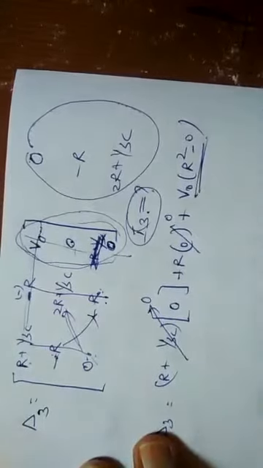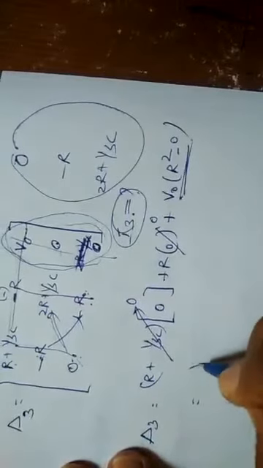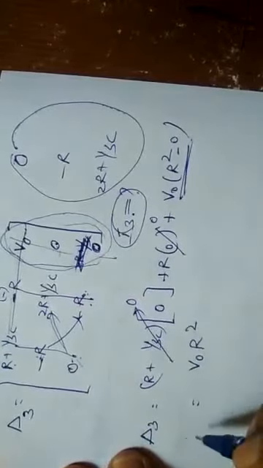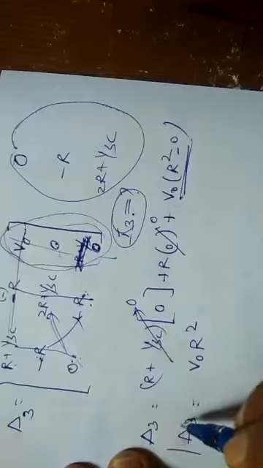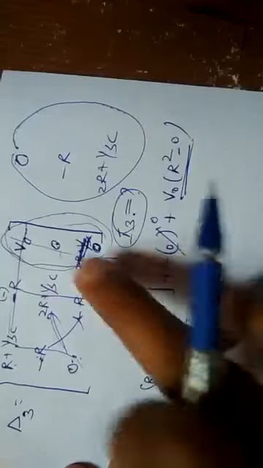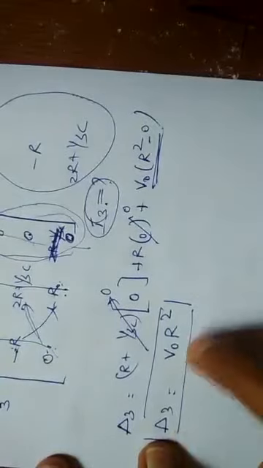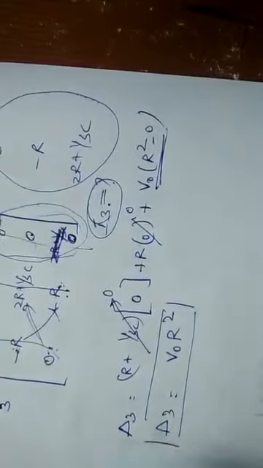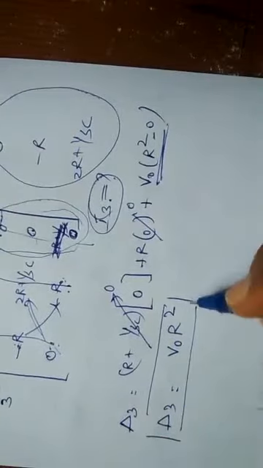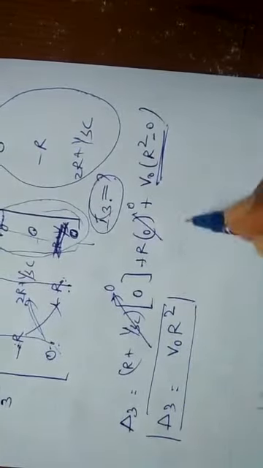From the third term we will have the value, that is V out into R squared. So del 3 from this modified matrix, by placing the potentials, will be V out into R squared. And this is especially for solving I3.